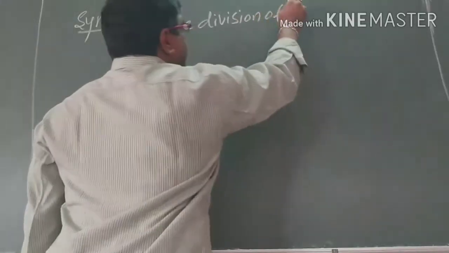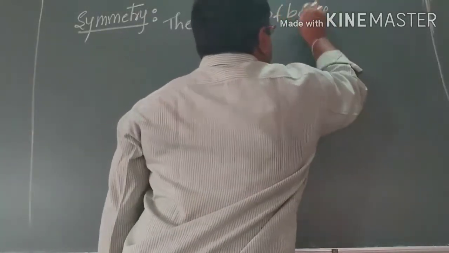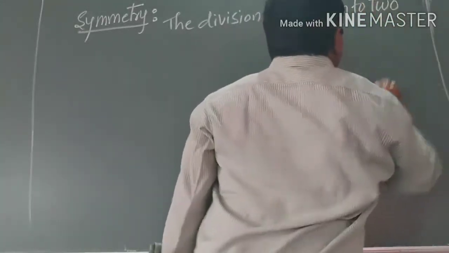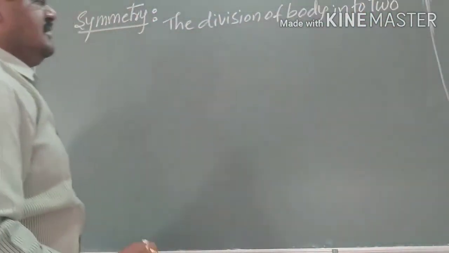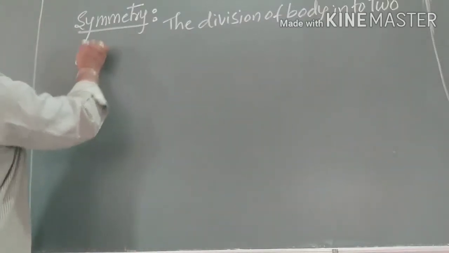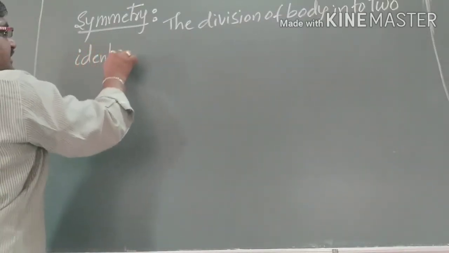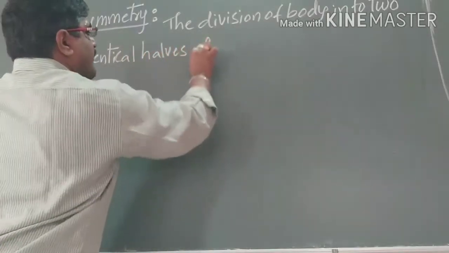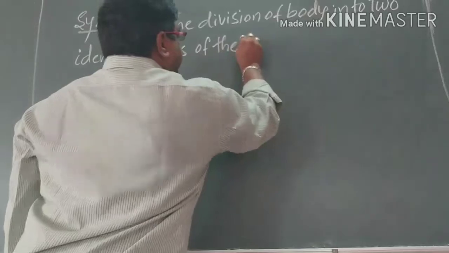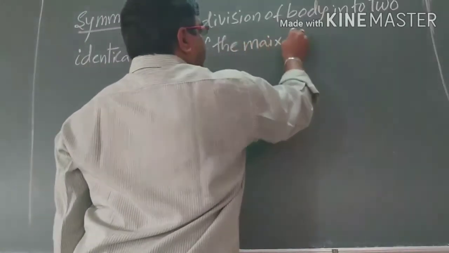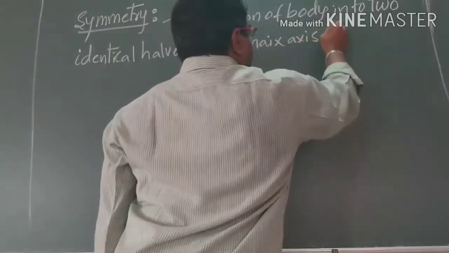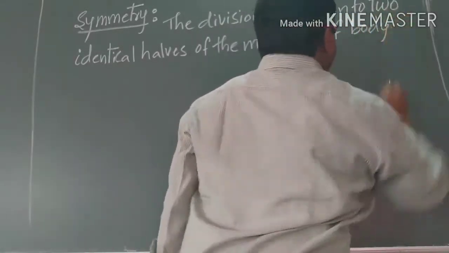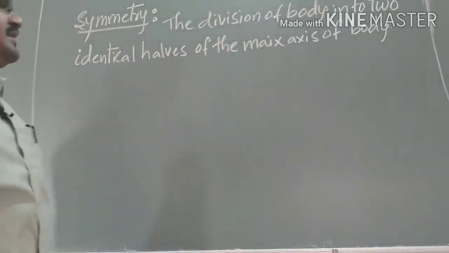The division of the body into two sides or two identical halves of the main axis of the body, this process we call symmetry.